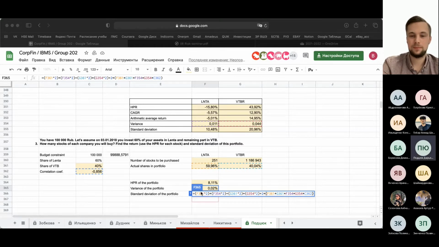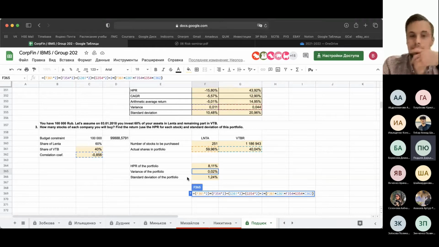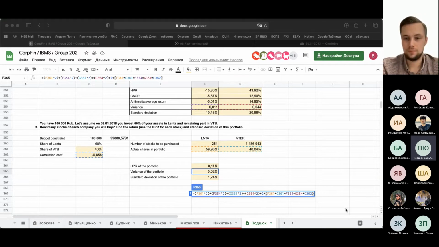Well, this is a formula from the lecture. The first step is to square the actual shares, to make it in a power of 2, the actual shares of Lenta, and then multiply by the variance.